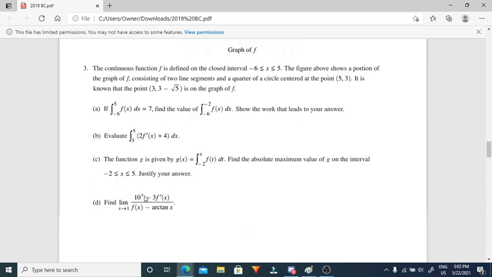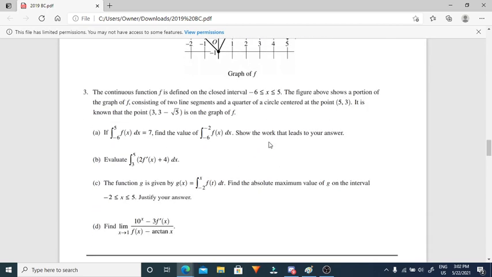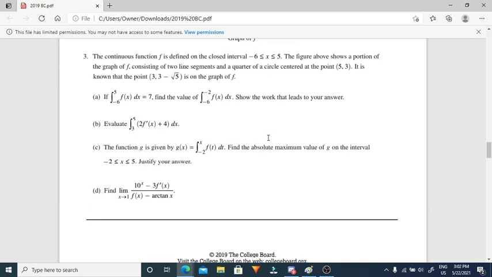All right, moving on, part C. The function g is given by g of x equals the integral from -2 to x of f of t dt. Find the absolute maximum value of g on the interval -2 is less than or equal to x is less than or equal to 5. Justify your answer.